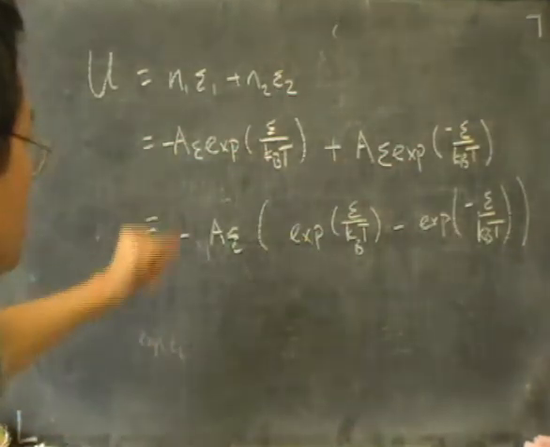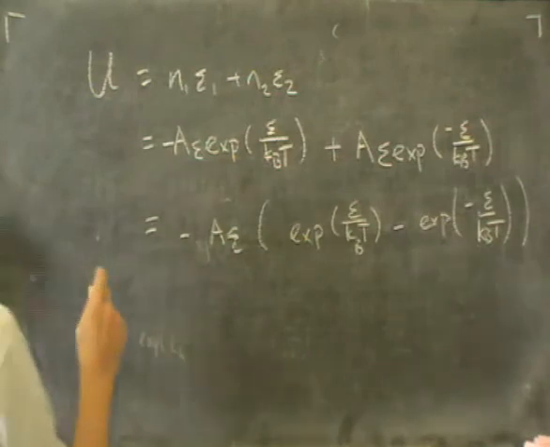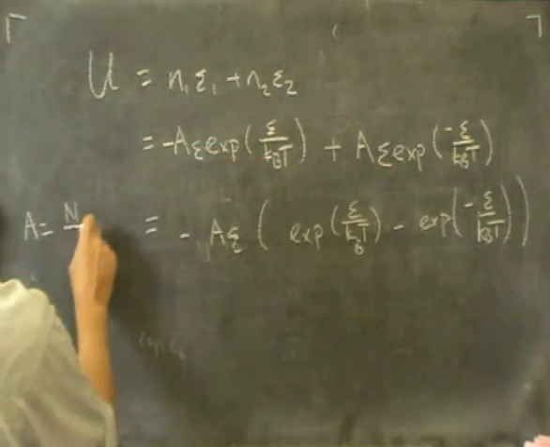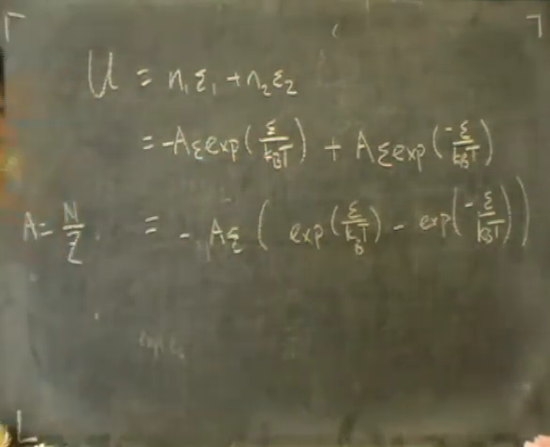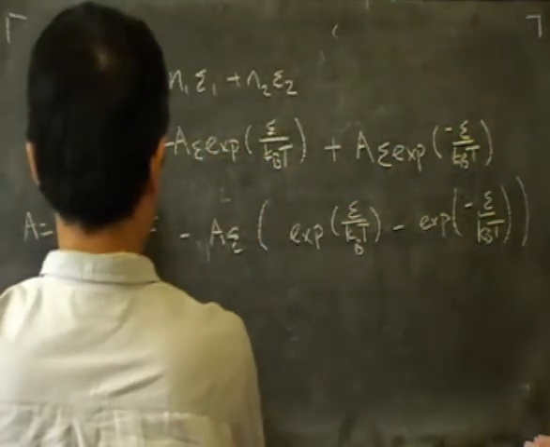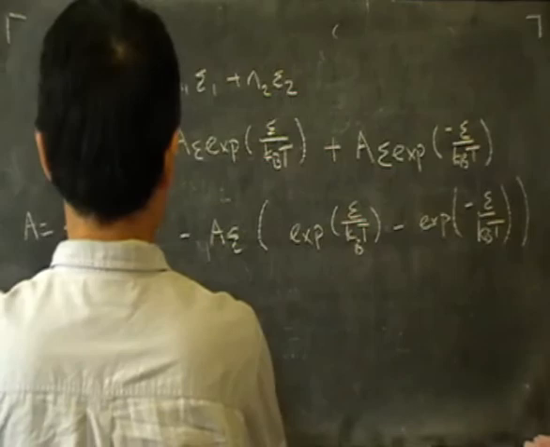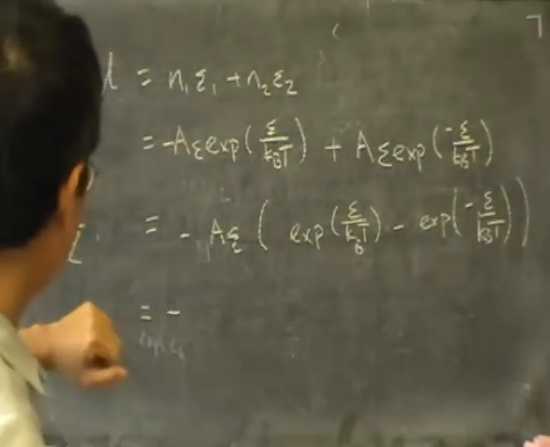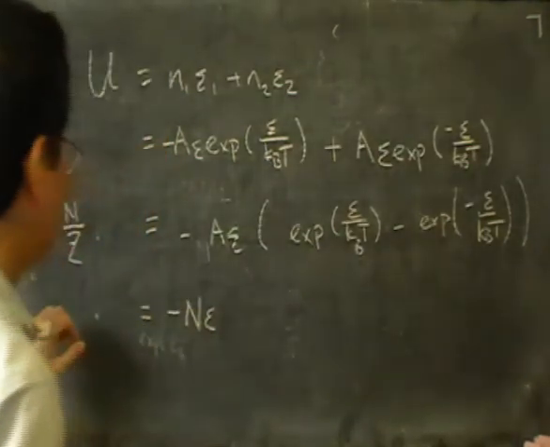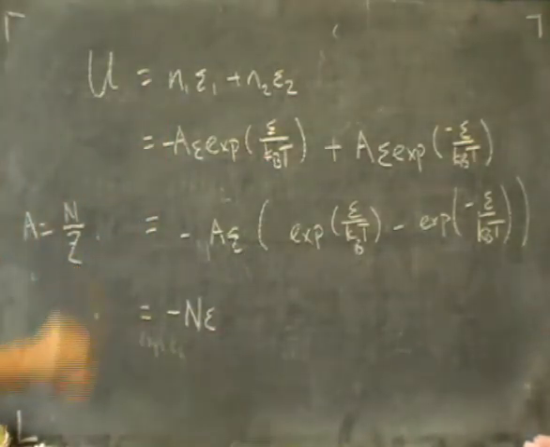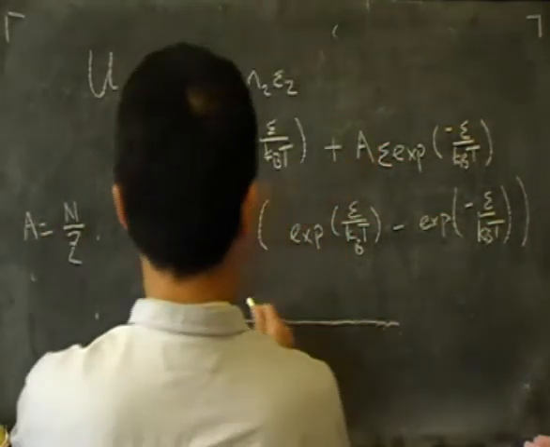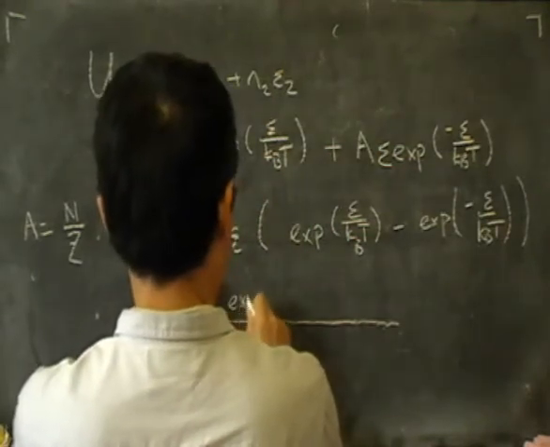And now I'm going to plug in the expression for A. If you recall, A is equal to N over Z, the sum of Boltzmann factors. So I'm going to substitute this into here. I would have a factor of N, and I would have to divide the whole lot by the Z, which is the sum of the Boltzmann factors. So it's going to be complicated.